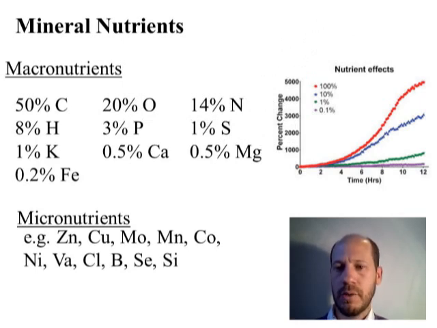Also, phosphorus is very important, but less important than carbon and nitrogen. The micronutrients that we would have here would be zinc, copper, molybdenum, manganese, cobalt, nickel, vanadium, chloride, barium, selenium, and silica.